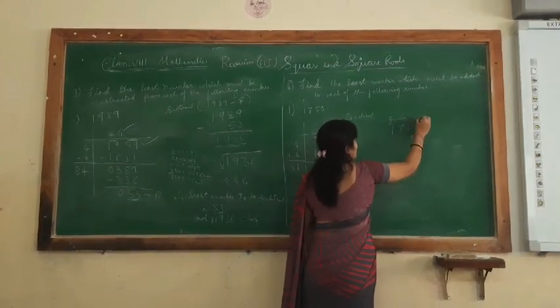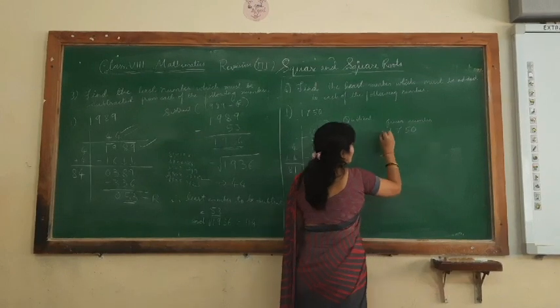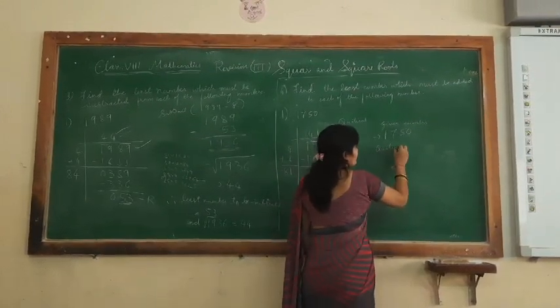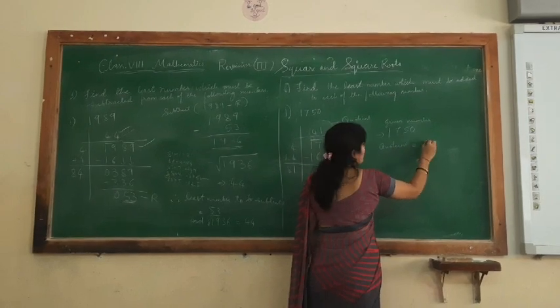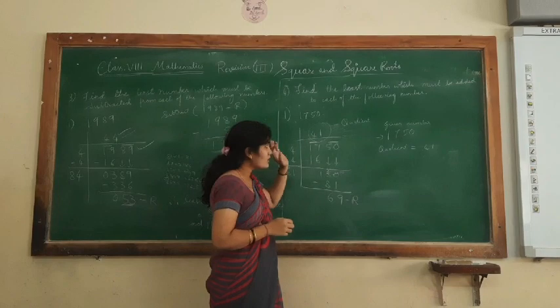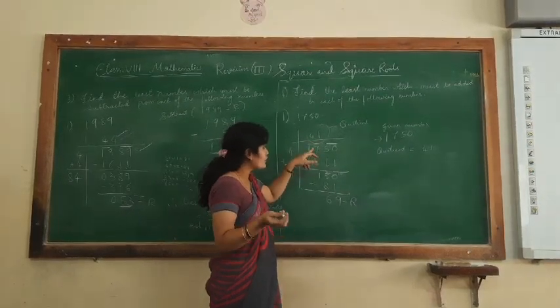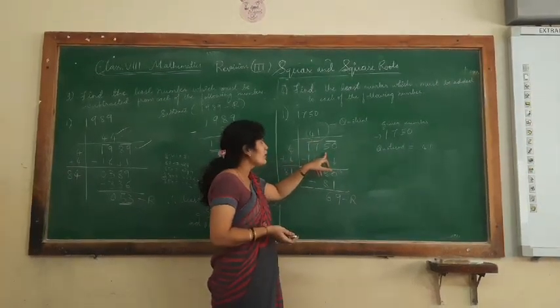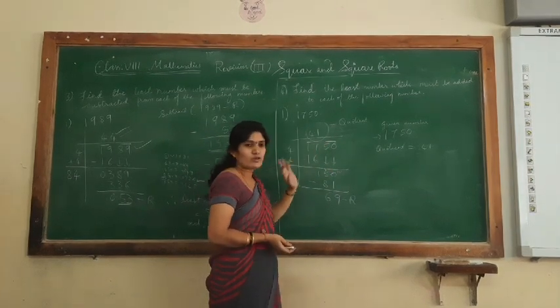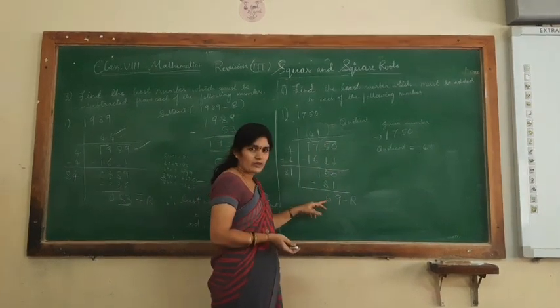Then the quotient is 41. So 41 is the root of this 1750, because this is not a perfect square, 41 squared will be less than 1750, because already you have a remainder.